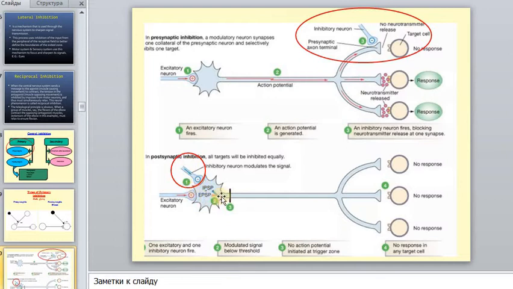Here we see the body of the neuron, but here we don't contact the neuron, we just block the signal close to the fiber of the first, excitatory neuron. And here we see the inhibitory neuron, and in the synapse we have the same molecules of neurotransmitter, the same serotonin, dopamine, but blocked previously.